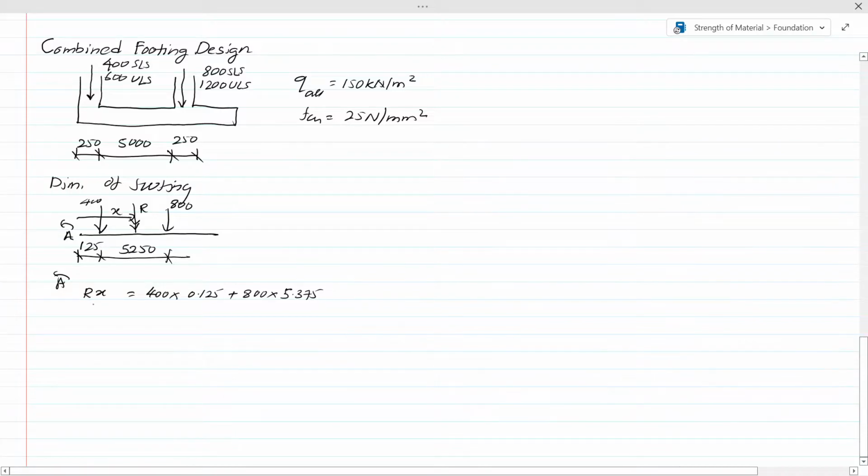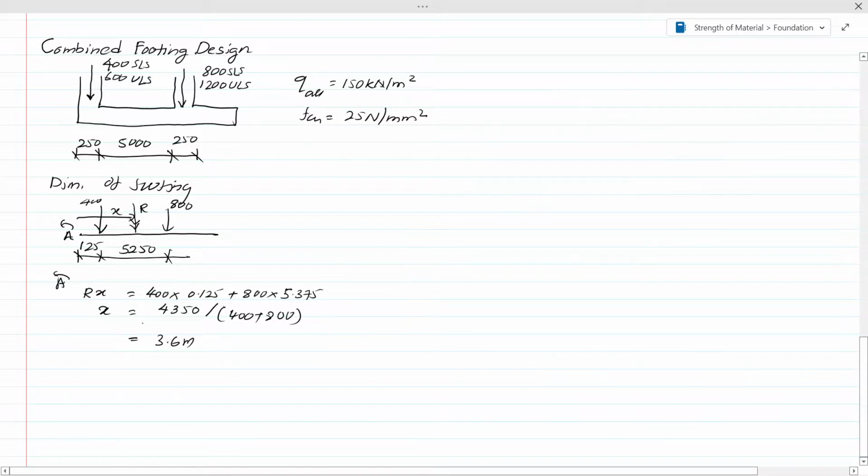Here now we know the R. R is the total force acting on the footing. X equals this. If you multiply, this value becomes 400 into 125 plus 800 into 5375 divided by R. R is 400 plus 800. Right. Then we can find X as 3.6 meters.